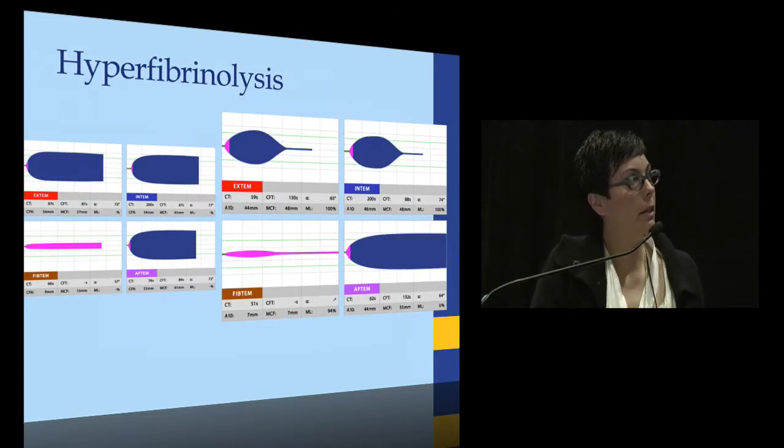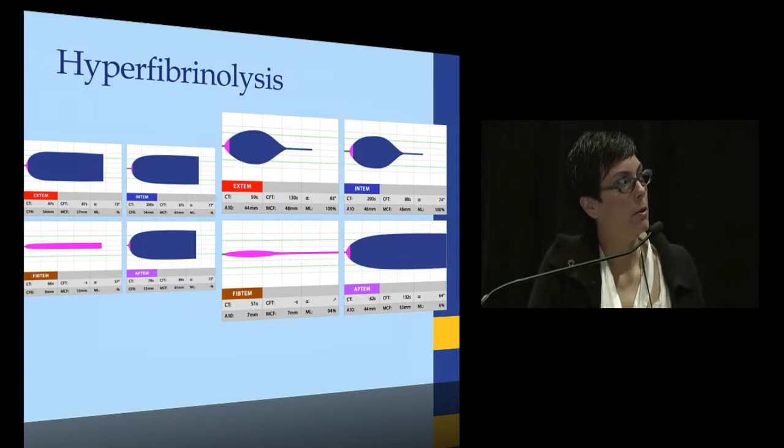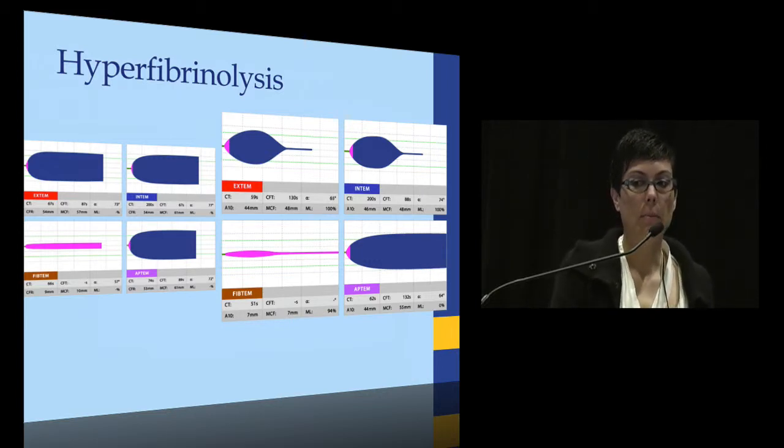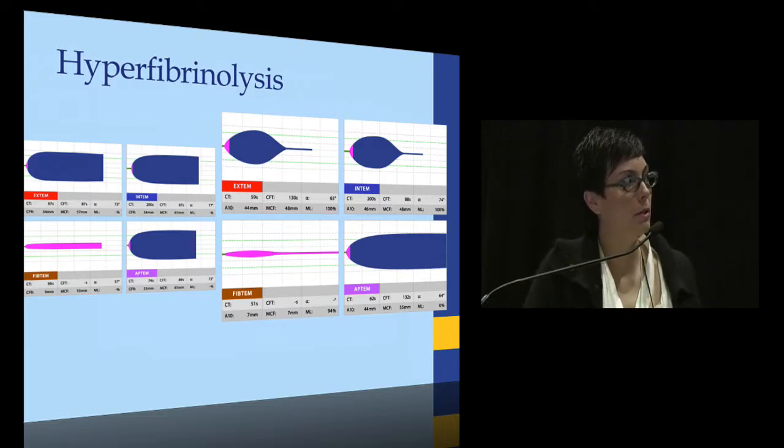So now looking at the fibrinolysis part, okay, so you can definitely see a difference here. The angle drops down, thins out, and you see the APTEM here, which the important thing about the APTEM is, as I said, you know that the fibrinolysis is an issue. You see that's different.